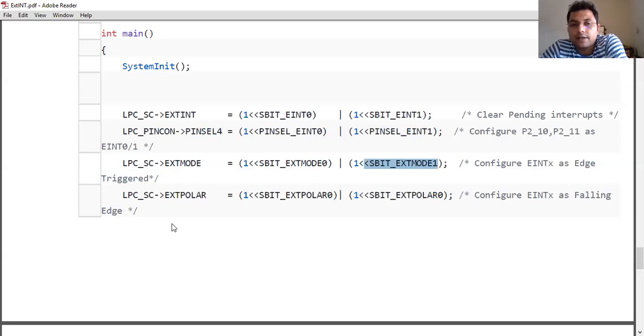Likewise, once you have defined it, then you have to define the polarity. We want to define the polarity as falling edge polarity. So 1 shifted by 0, 1 shifted by 0. Simple to understand.